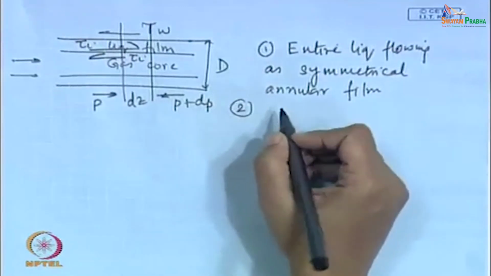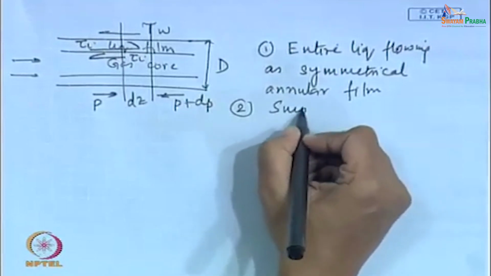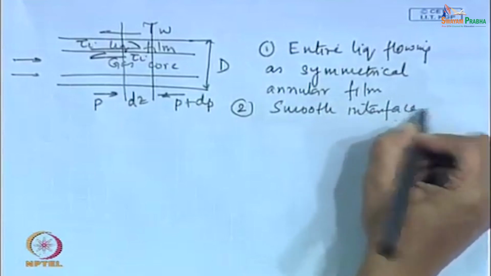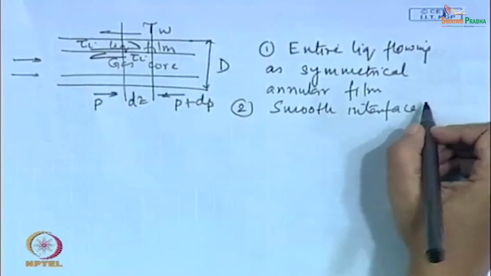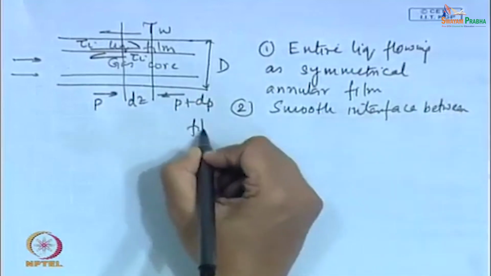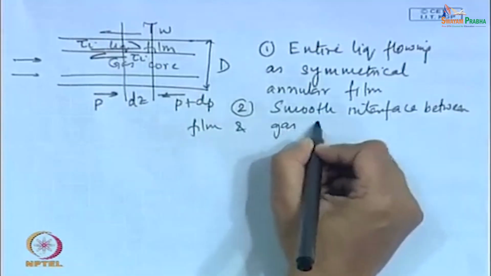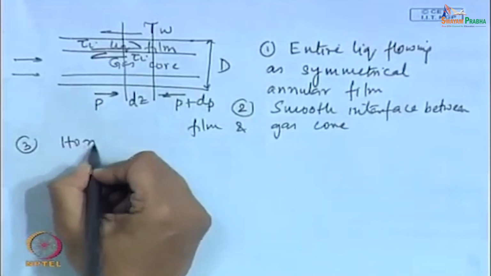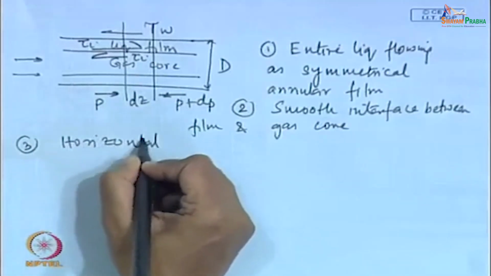The second assumption is a smooth interface between the film and the gas core. Third, it is not an assumption, it is a consideration: it is a horizontal pipe.